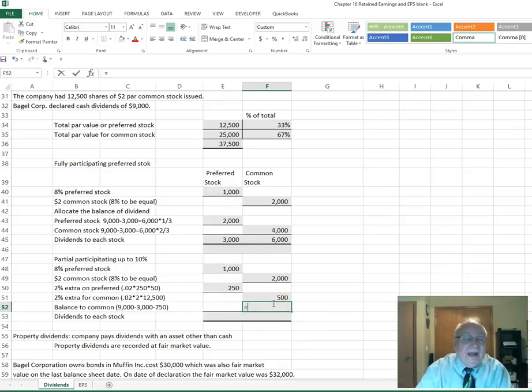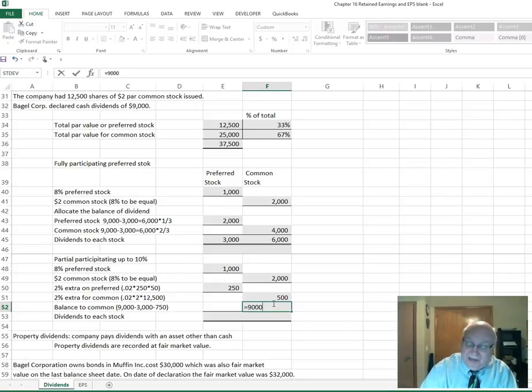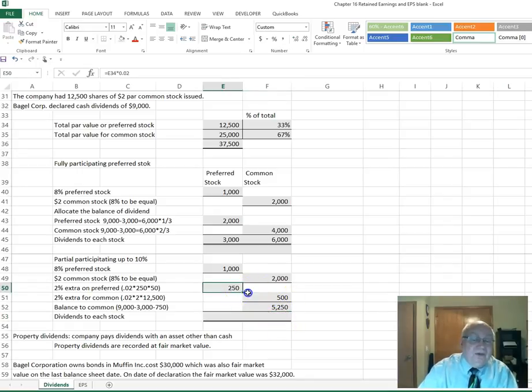Then common receives the balance: 9,000 minus the 3,000 that we had, minus the 750, which is the 250 plus the 500, those two added together. So they get an extra 5,250.